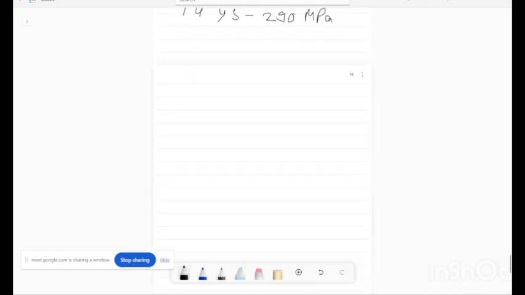So next is the precipitation hardening in 6000 series alloy, which is aluminium, magnesium and silicon. So the sequence of precipitation hardening in the 6000 series alloy is, first, a supersaturated solid solution.